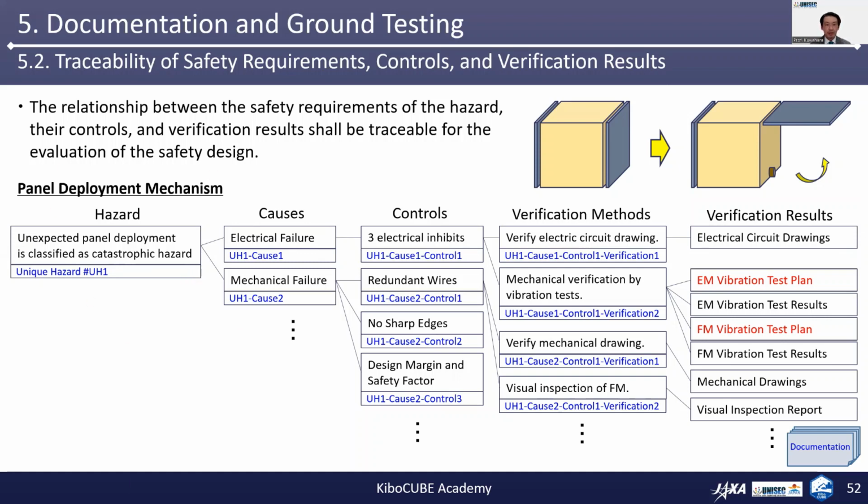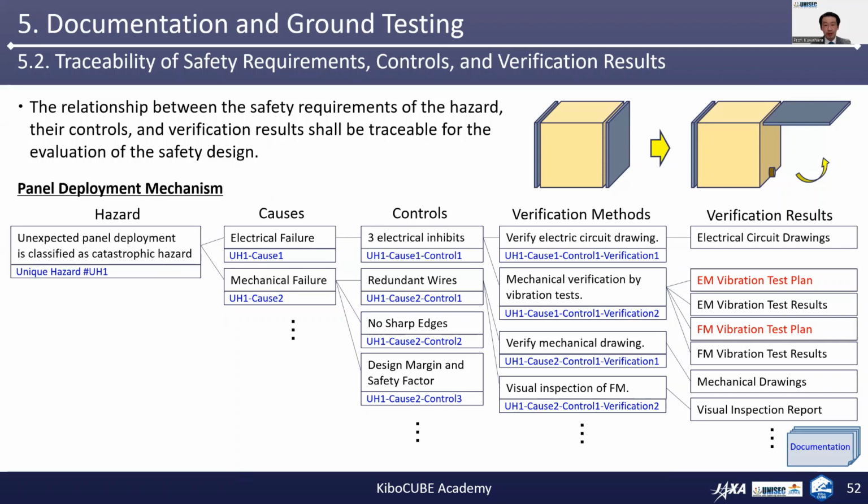Then, after this identification of the hazards, you need to analyze what could cause this hazard. In this example, you have identified electrical failures and mechanical failures as the causes, as illustrated on the right-hand side of the requirement connected to it.